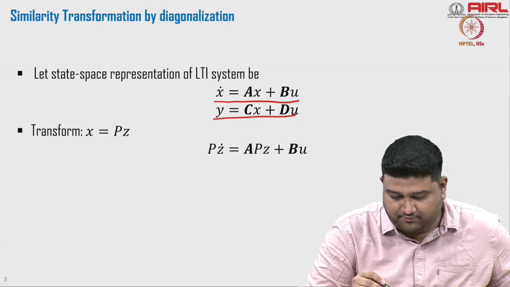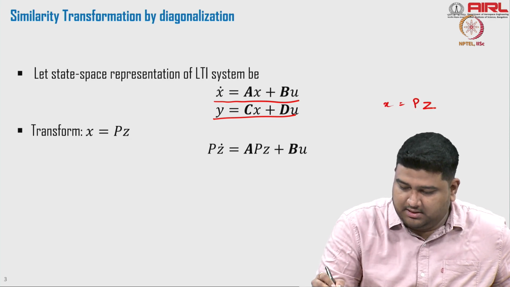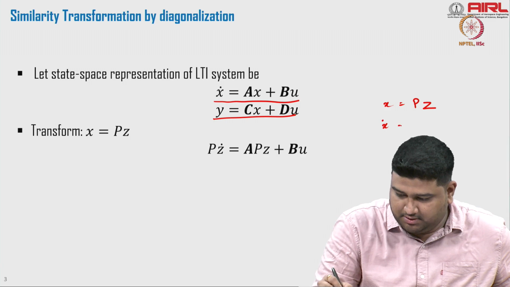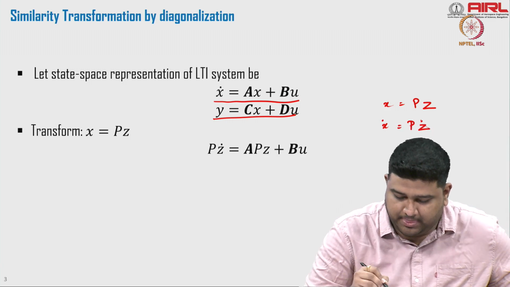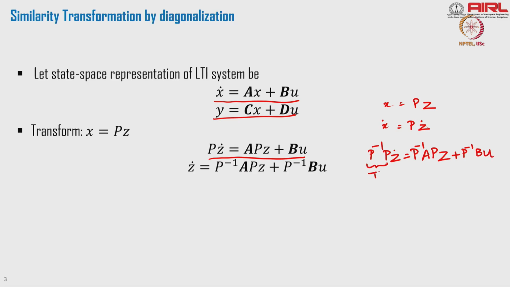if we take the derivative of x equals Pz, since this is a linear system, what we will get is x dot equal to P times z dot. So we end up with the equation P z dot equals APz plus Bu, and if we pre-multiply the entire equation by P inverse on both sides, now we will get P inverse P z dot equal to P inverse A P z plus P inverse Bu, and P inverse P is nothing but the identity matrix.